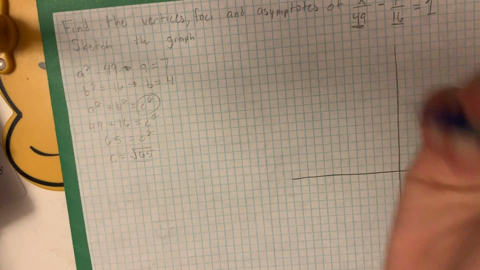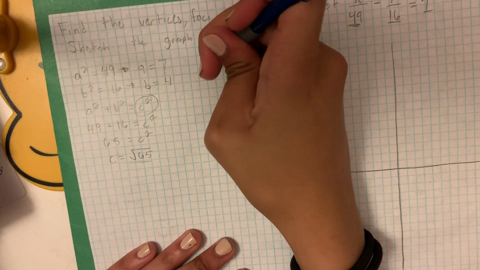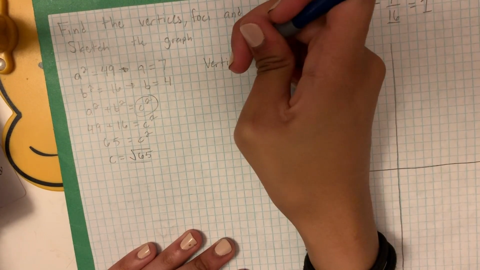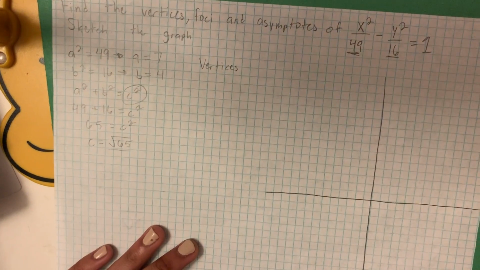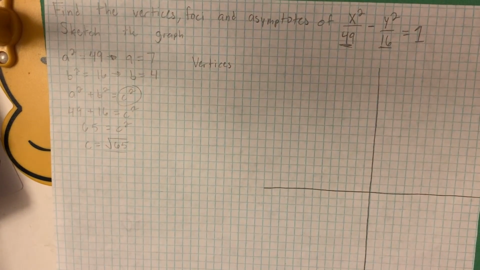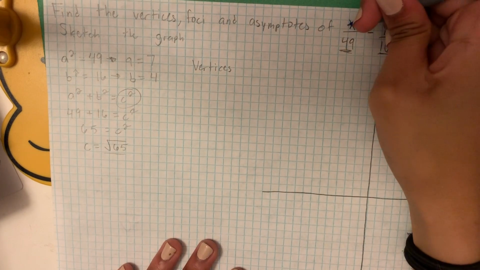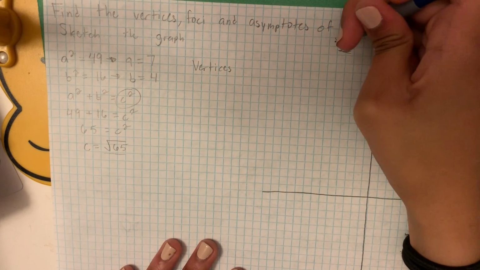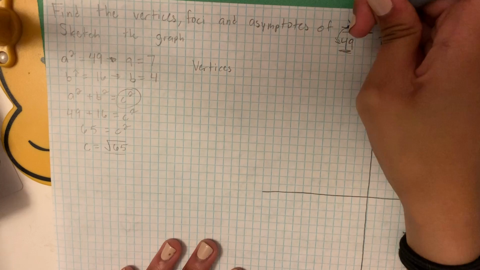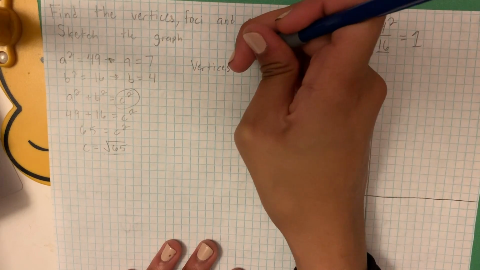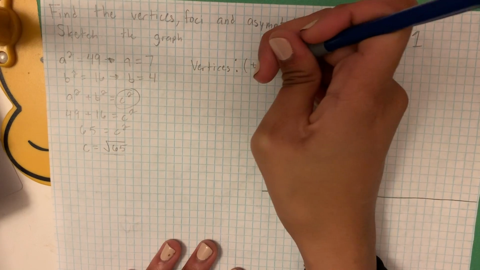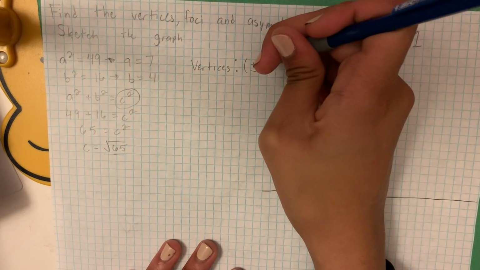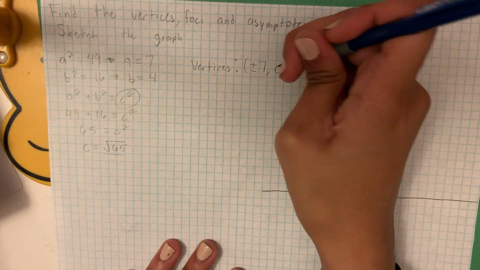Now we know what our vertice is, and since we calculated that 7 is our vertice, the a squared value is connected to our x squared value, so we know that we are going to be changing the x parameter of where our hyperbola is going to start. So it's going to be plus or minus, because it's on both sides, plus or minus 7 and 0, since the center is going to be at the origin.